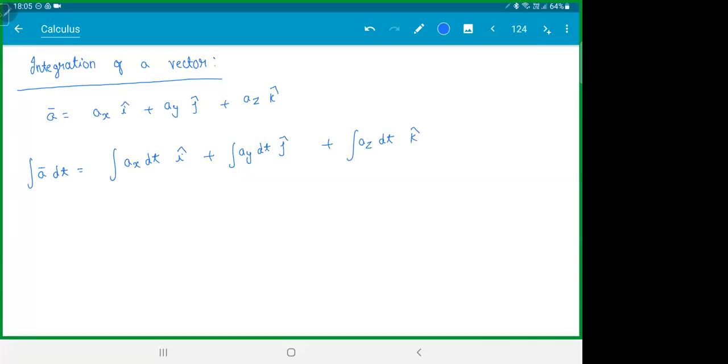I sent you a sheet on calculus. All clear with this?